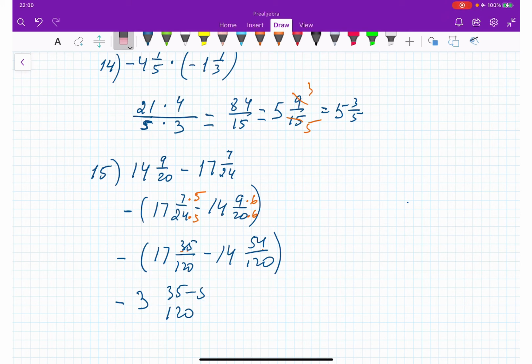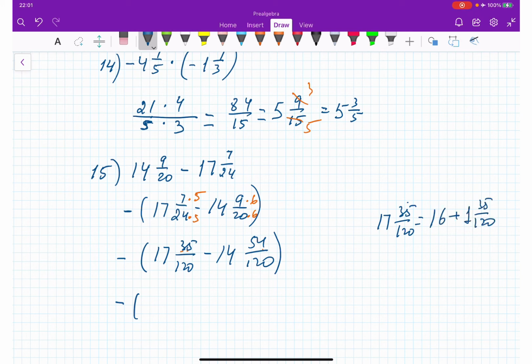Therefore, I'm taking a step back and doing the following changes, which means 17 and 35 over 120 I'm going to represent as 16 plus 1 and 35 over 120.